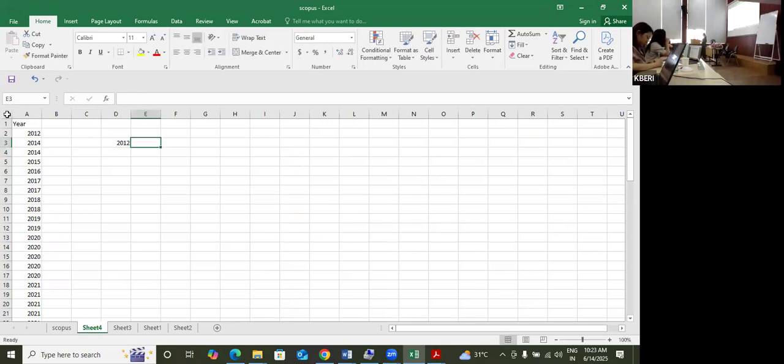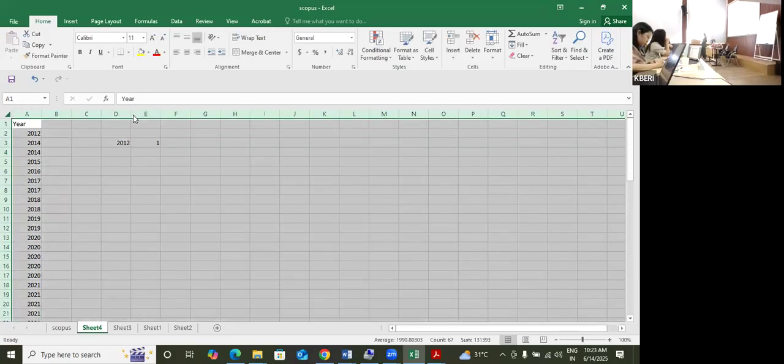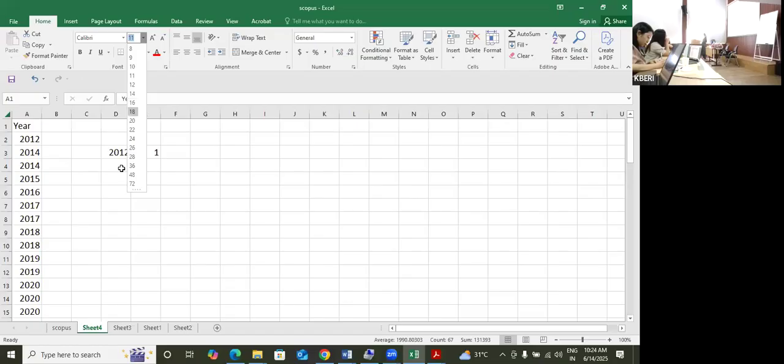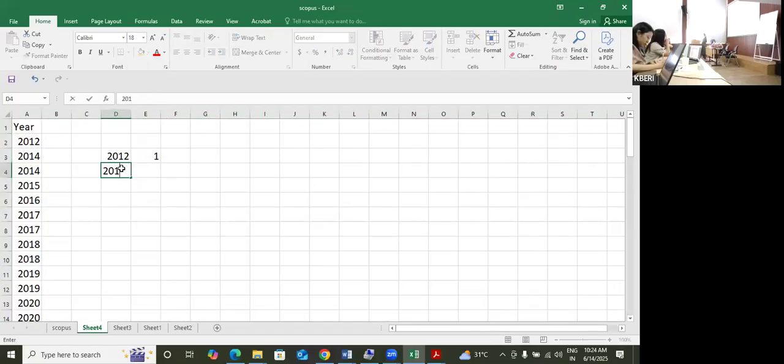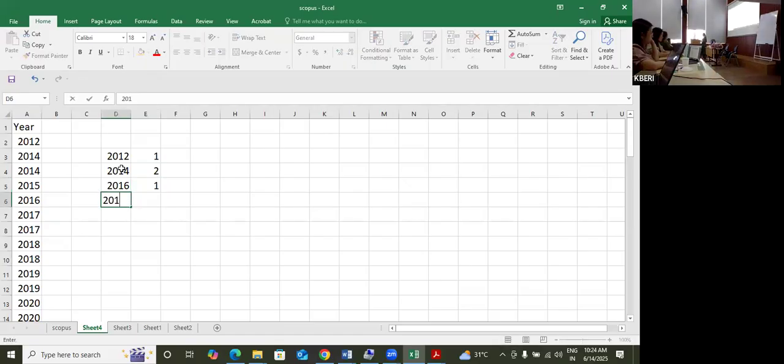So let me increase the font size for this. So another year, 2014, it is 2. 2016, it is 1. 2017, it is 2. 2018, and so on. And let me show you how it looks like finally.